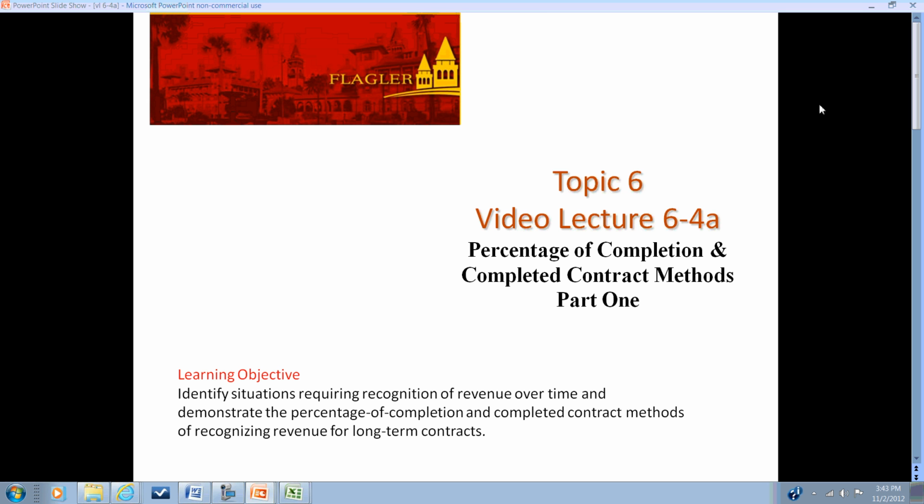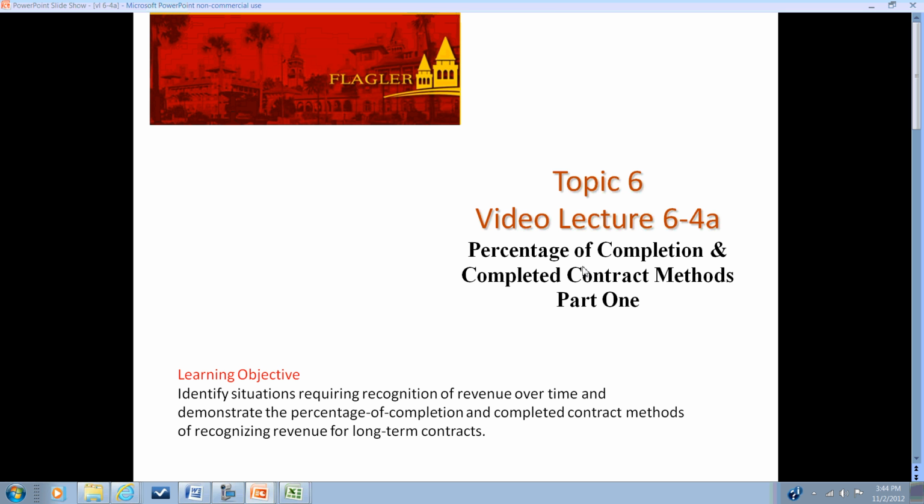These are the methods that are used for long-term projects that allow companies, at least for the percentage of completion, to recognize revenue and profit ahead of the delivery of a constructed product such as a building or a boat, a ship, airplane, something that's going to require a long lead time. It can also be used, say, for the construction of an information network.